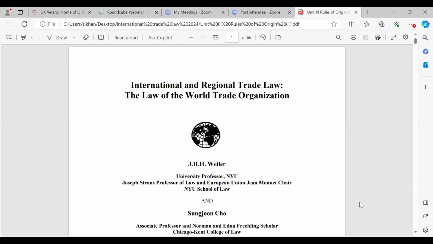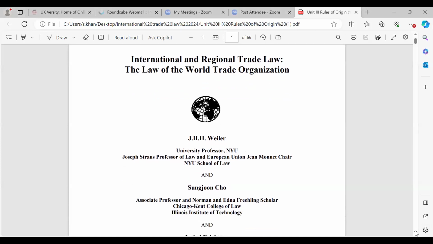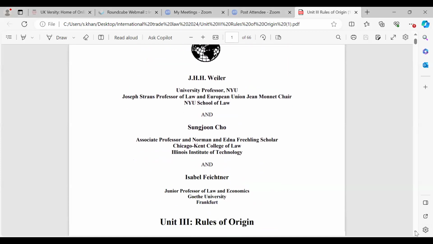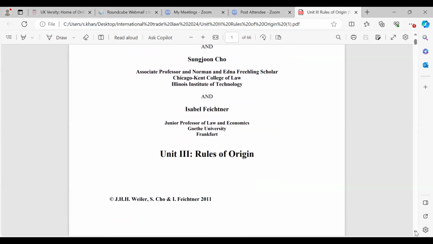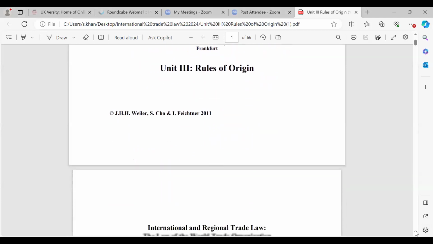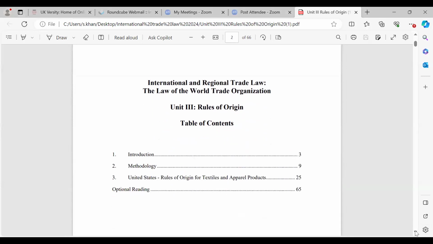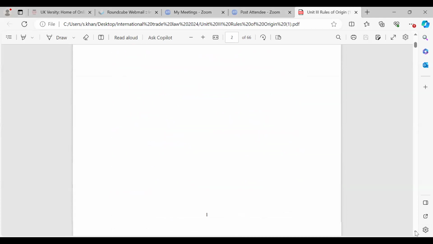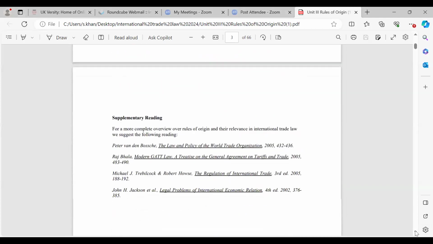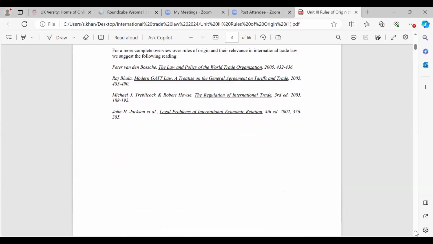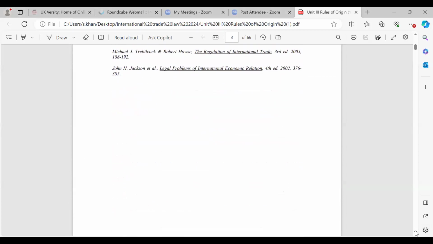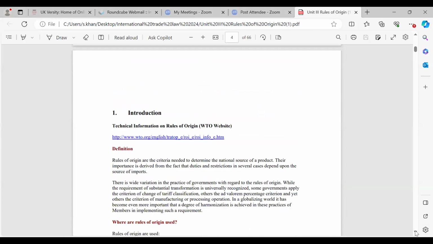It's an article on the law of the World Trade Organization by J.H. Wheeler, Suk-Jun Chu and Isabel Fichter, published in 2011, and it looks at the rules of origin. It looks at the United States rules of origin for textiles and apparel products. It's a very long article on the World Trade Organization, 66 pages.